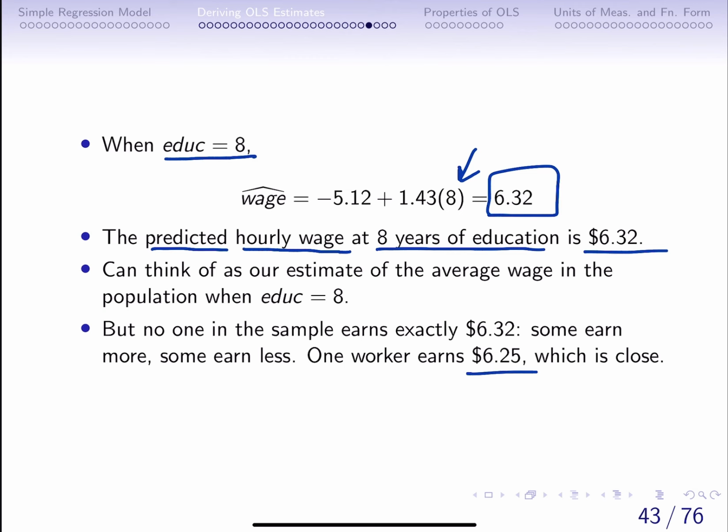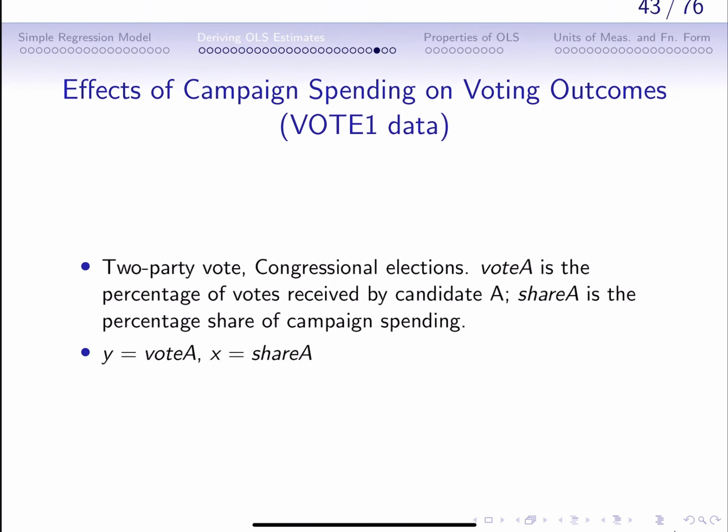So this is closer to that. You're always going to capture some sort of an average effect. Remember that. Some people will earn more, some people will earn less. We're basically saying on average, the predicted wage for 8 years of education is $6.32 per hour.